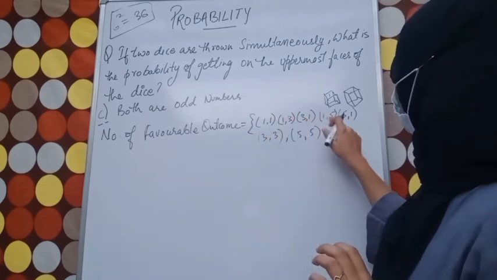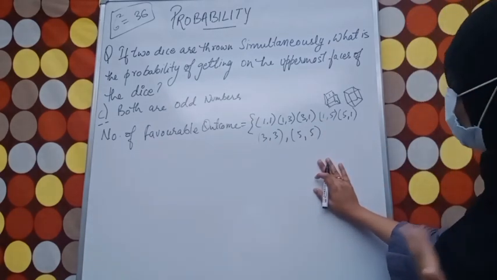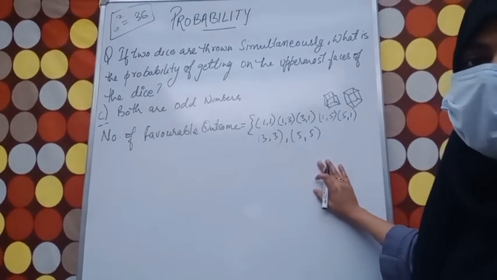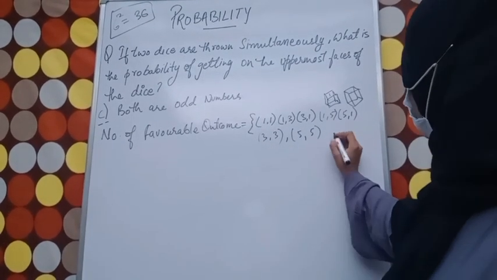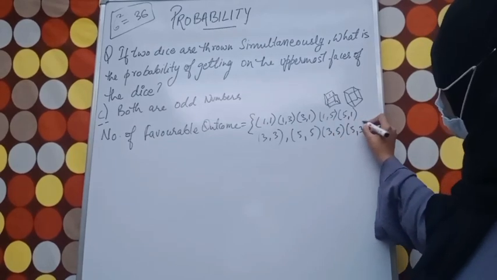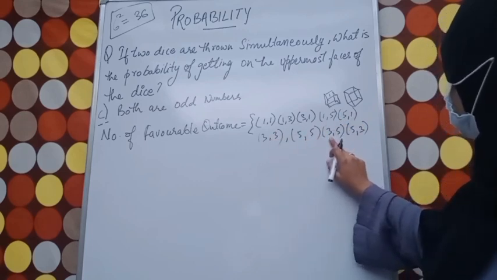1 2 3 4 5 6 7. Let's see if any point is left. What else can we write? 3 5, 5 3. 1 2 3 4 5 6 7 8.